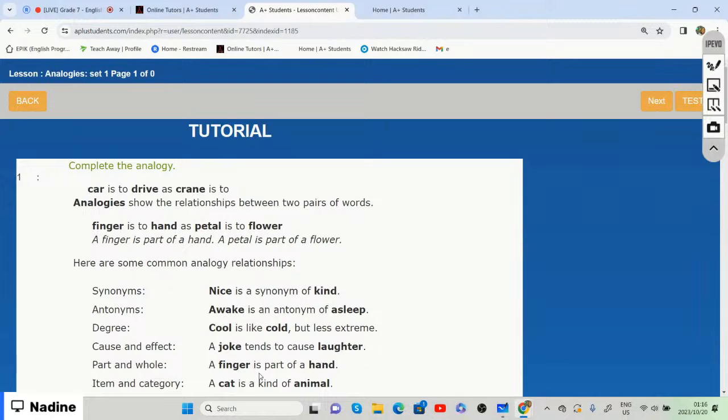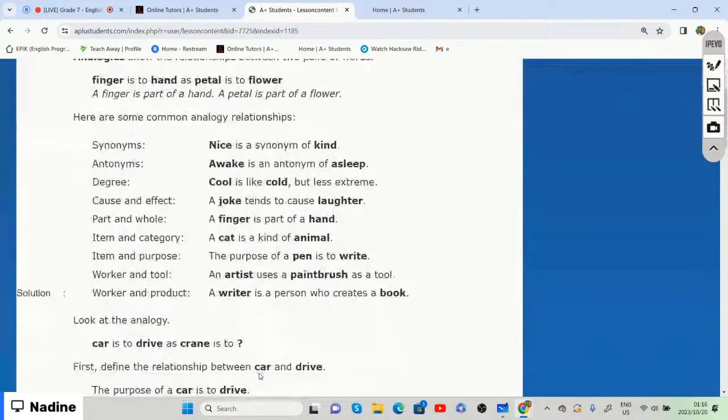And if we look at certain common analogies, we look at more common analogies or relationships, things that are the same, similar, right? If someone is nice, we can also say that the person is kind.